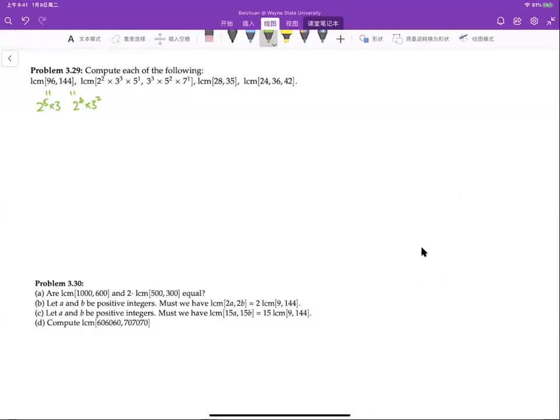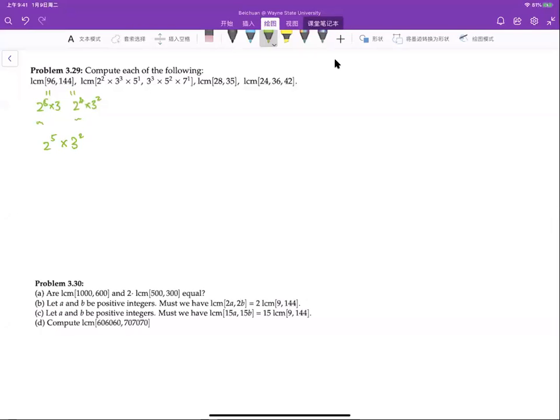All right, so you see that in both of the factorizations, there is a power of 2 and a power of 3. And so we just pick the larger one. So for the power of 2, we just take 2 to the 5th. And for the power of 3, we just pick 3 squared. So that will be the prime factorization of the LCM. And then you can just multiply them together by yourself.